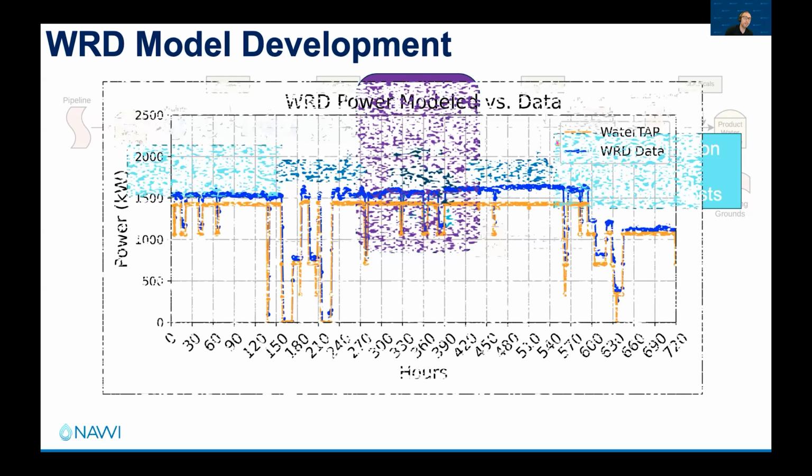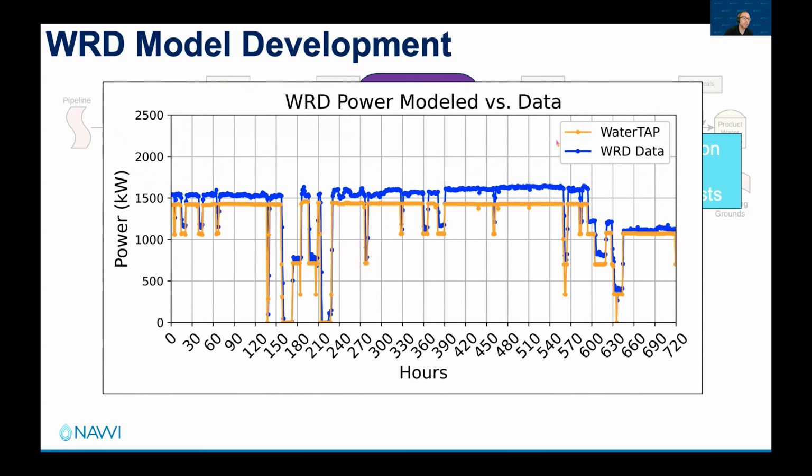So with that model, we have this fantastic data set from WRD. And here's an example of running that model against the WRD data. You can see the WaterTAP modeled power consumption comes in slightly under the WRD data.